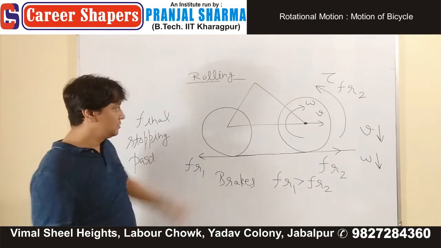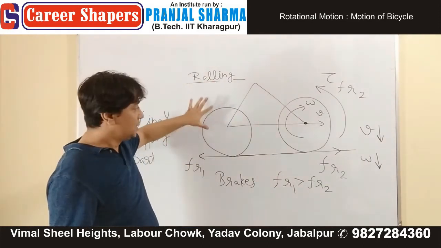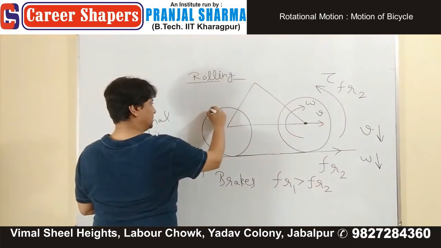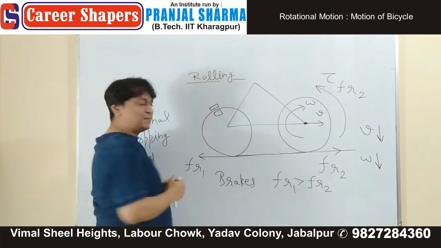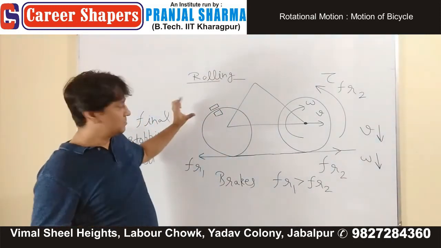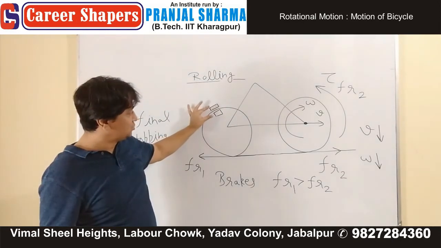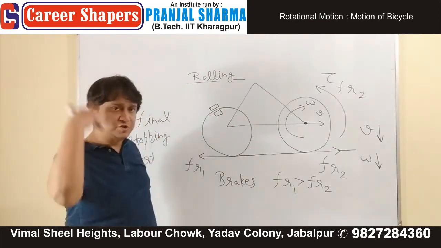Now what happened with the brakes? Look at that part. Suppose these are the brakes. Somehow, just imagine you basically press these two boxes and this stops the wheel. Just imagine this type of thing.